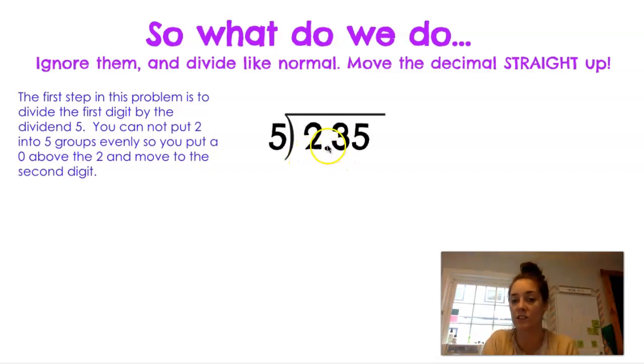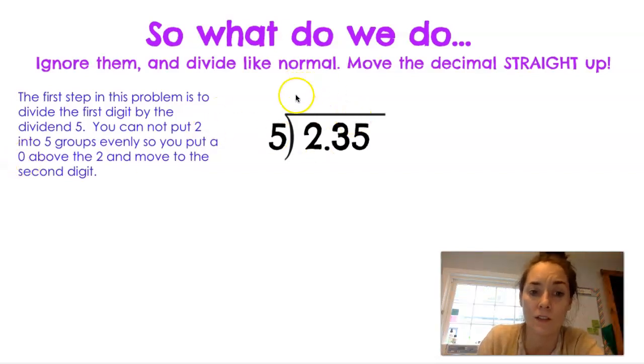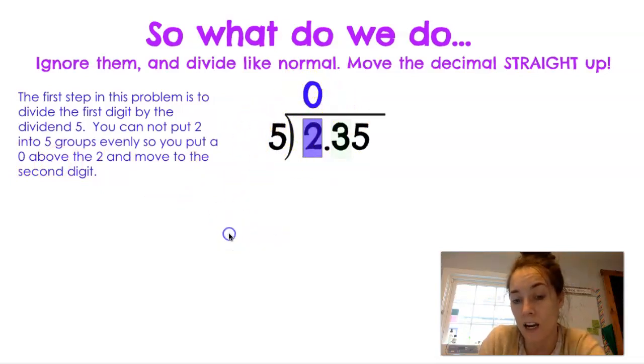I'm trying to ignore it and it's not working, but if I were to ignore that decimal point, I'm going to rename that as 20 tenths. So I'm going to put a 0 right above that 2 and then move on to our second digit.